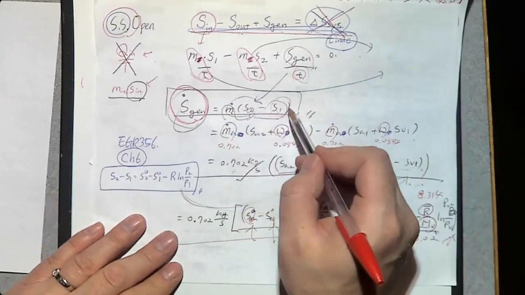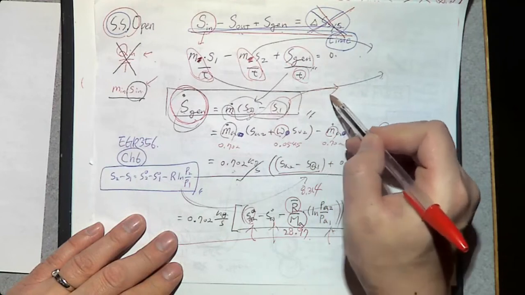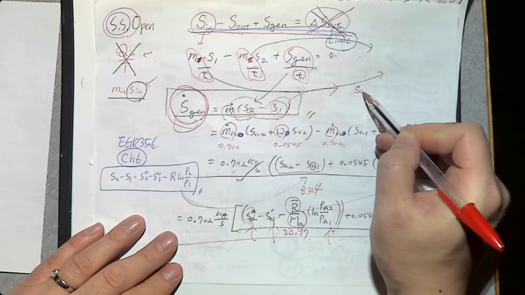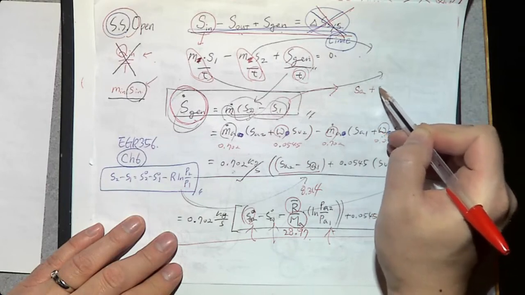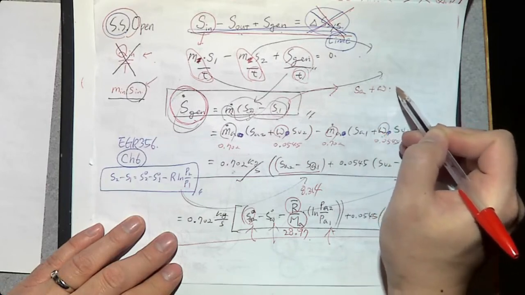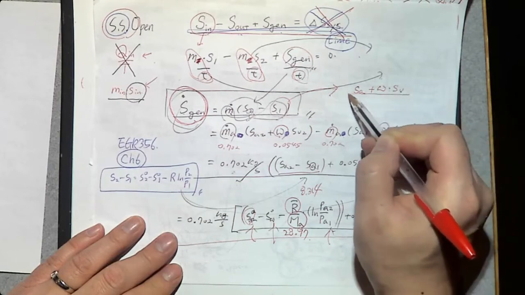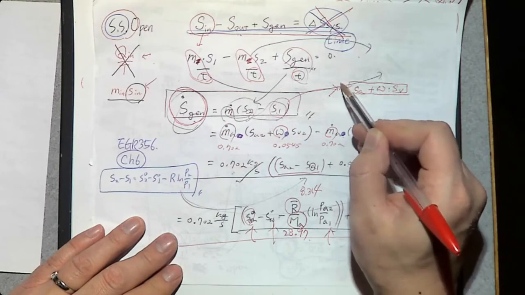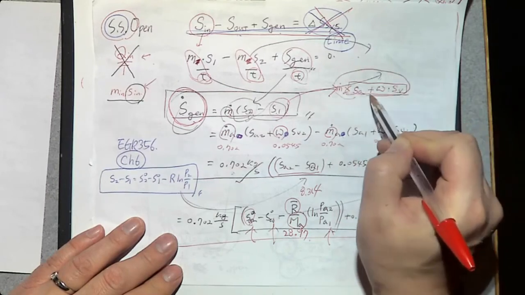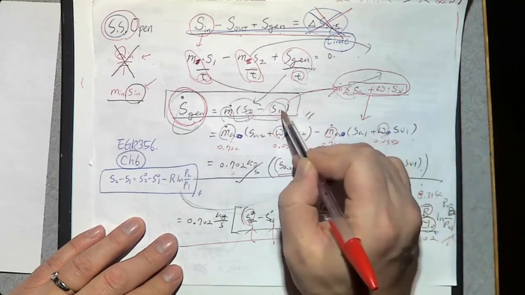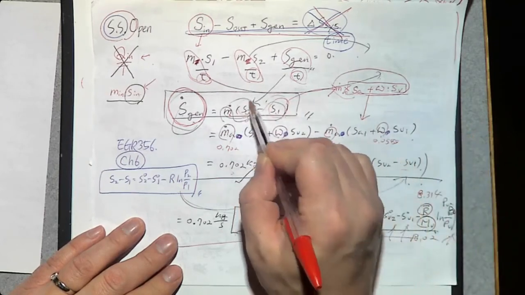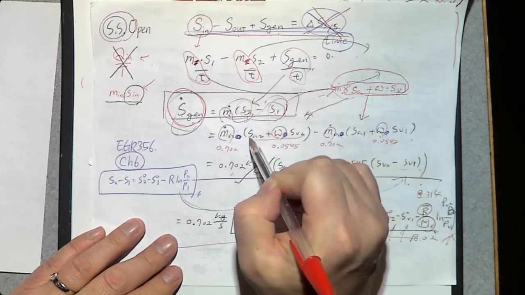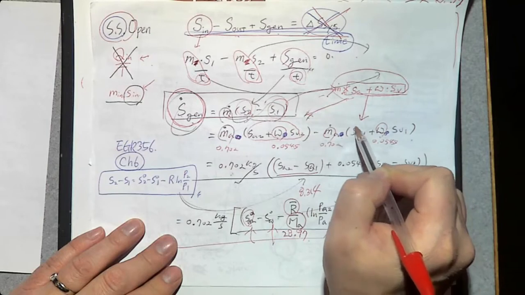By the way, the specific entropy of moist air should be evaluated as SA plus omega times SV, multiplied by m dot of A. So we use this term to represent the entropy at the inlet and the entropy at the exit. You can see the same thing here and here.